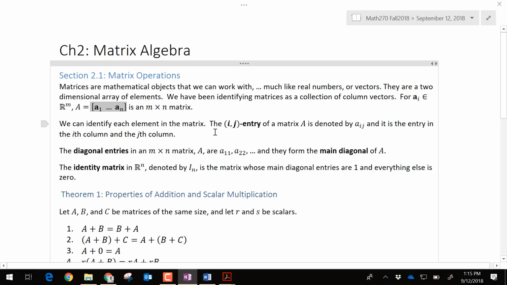Each of those column vectors will have components, and so then that becomes a two-dimensional array. And if we want to identify just one element from that two-dimensional array, we have to be specific about the row and the column that it lives in. And so we call that the ijth entry, where i is the row and j is the column.